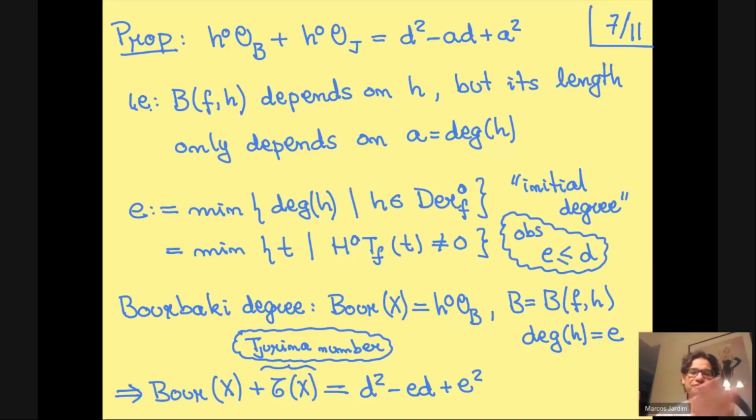I don't know if people here are familiar with this theory, but there is something called the local Tiurina number, and the sum of all local Tiurina numbers is the global Tiurina number for the curve. Essentially it's the sum over all singularities of the curve, counting with some multiplicity. Is that okay? More questions?